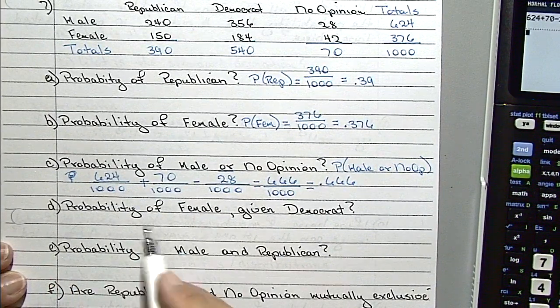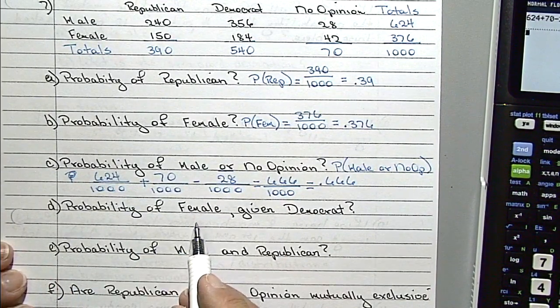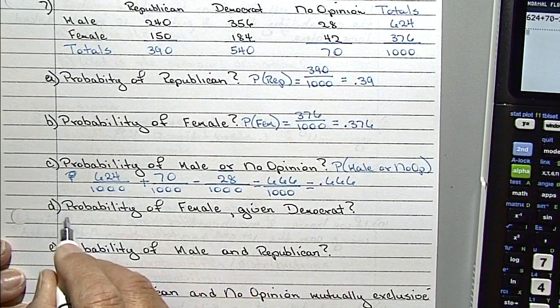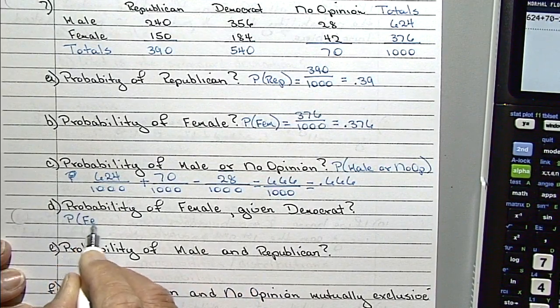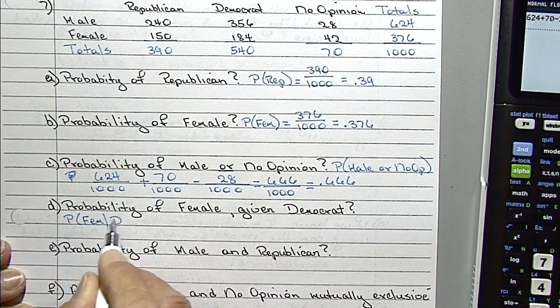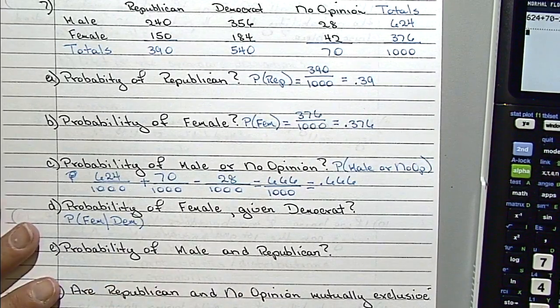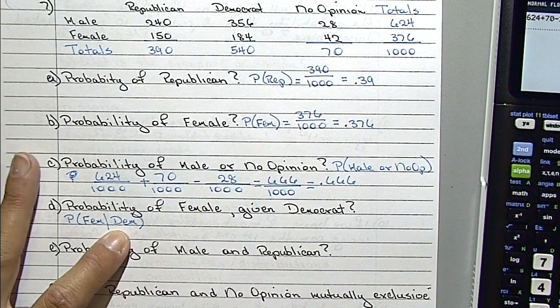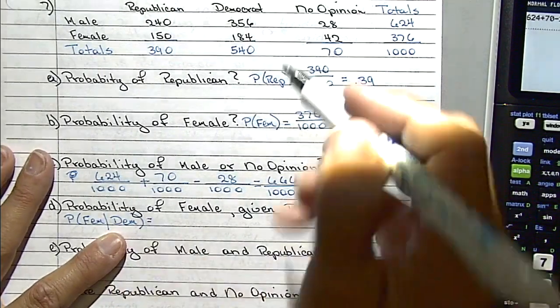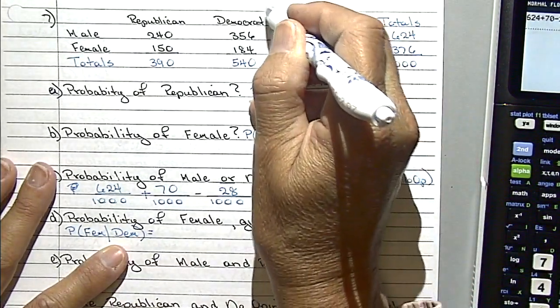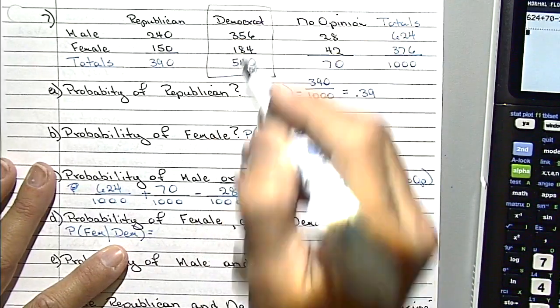Okay, probability of female given Democrat. This is a given condition, right? This time, you are only going to look at the given condition, that Democrat, right? So the only part of my table that I'm going to use is right here because it is a given condition.